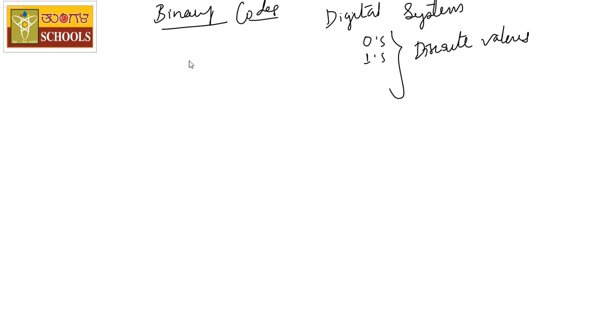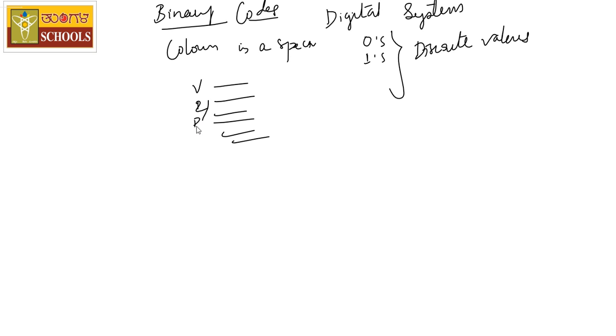other discrete quantities may exist. For example, colors in a spectrum. Whatever the color may be, different colors will be there, like red, violet. These individual colors also are discrete entities, right?